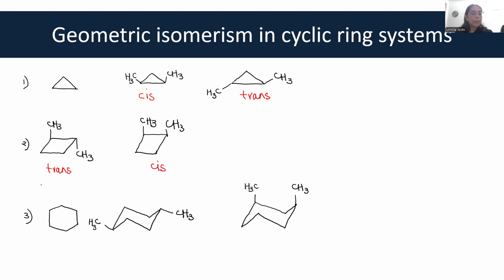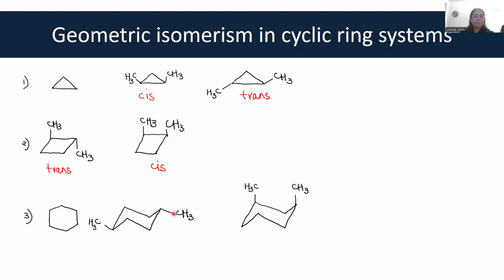Okay. Now coming to cyclohexane, you are going to study more about cyclohexane, but you must have studied in 12th standard that cyclohexane exists in a chair conformation, which is a stable conformation. Now in the chair conformation, if we talk about disubstituted cyclohexanes, then this is one compound, 1,4-dimethyl cyclohexane.